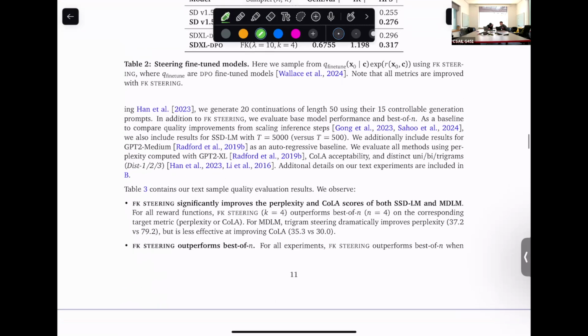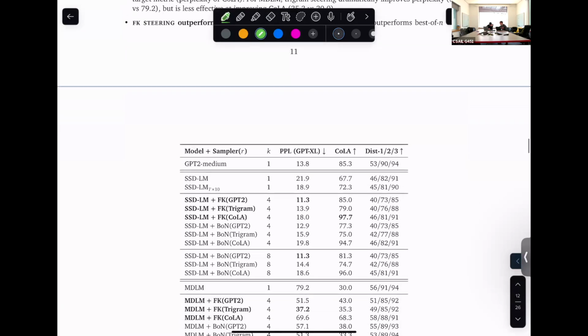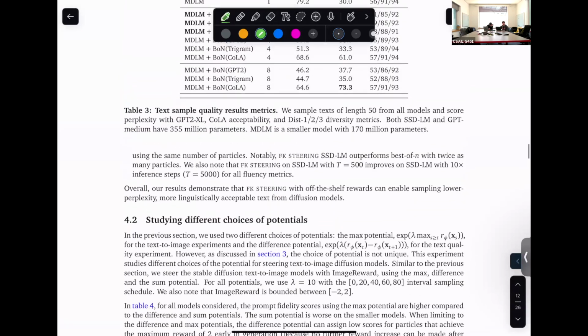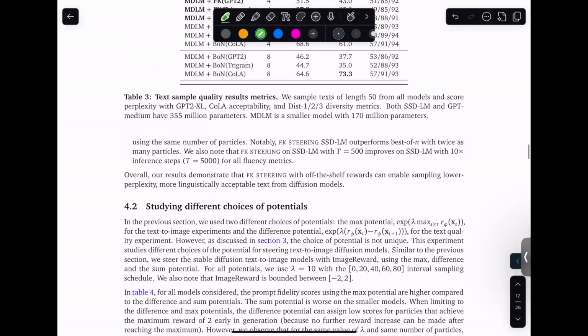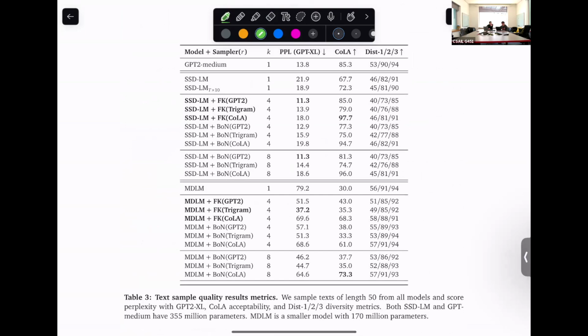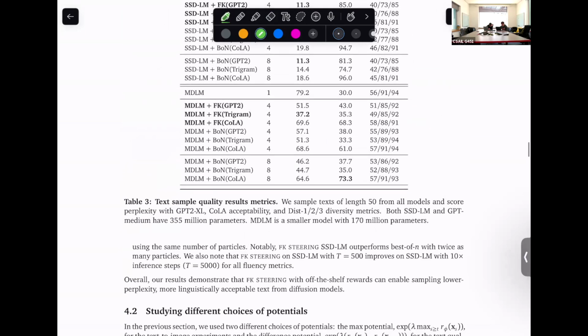Does anybody in the chat know what this dist 1, 2, 3 metric is? No. Maybe it says in the paper: distinct 1, 2, 3 n-grams. Aha. Okay. So we just check if it's unique or distinct.